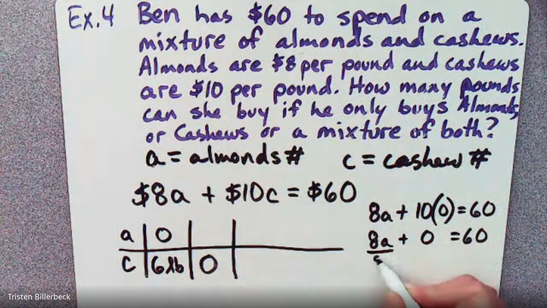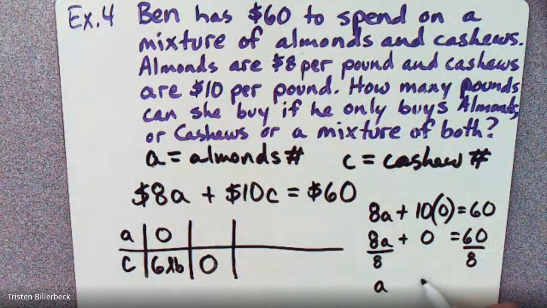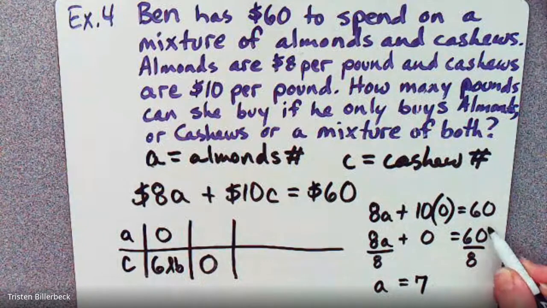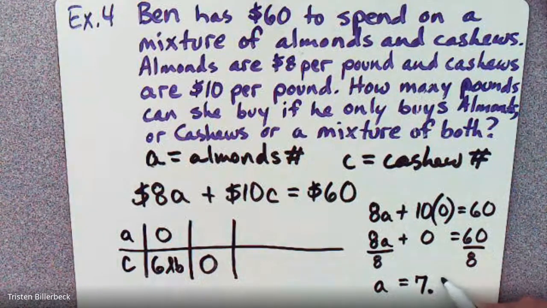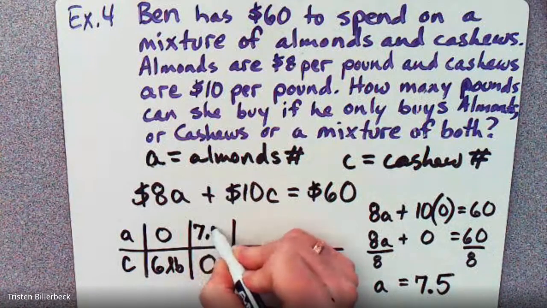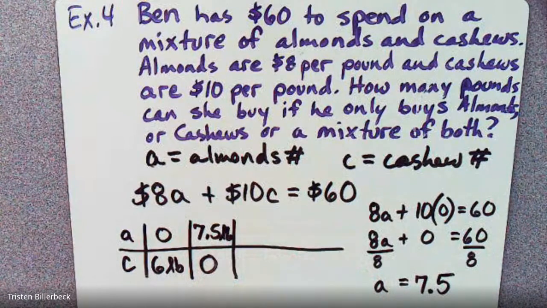We divide by 8, and A equals 7, because 7 times 8 is 56, leaving 4 behind. 4/8 is a half, so 7.5 pounds, because 0.5 is how we say half in decimals. So that's 7.5 pounds of almonds if we don't buy any cashews.